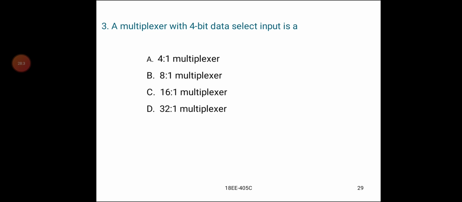A multiplexer with 4-bit select input is a 16-to-1 multiplexer, since 2 to the power 4 means 16. So 16-to-1 multiplexer is the correct answer.